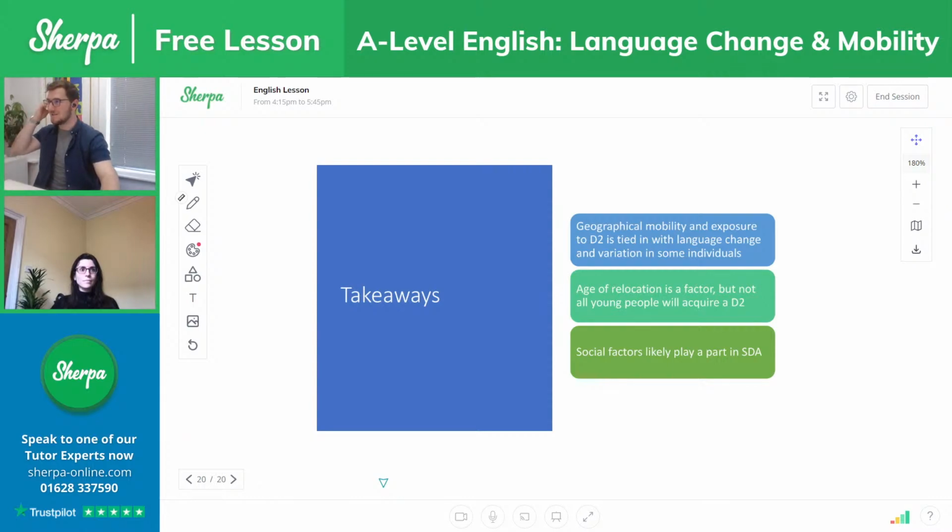Okay, let's have a look at Aitchison's metaphors. The crumbling castle view is another of Aitchison's metaphors. So, 1996.